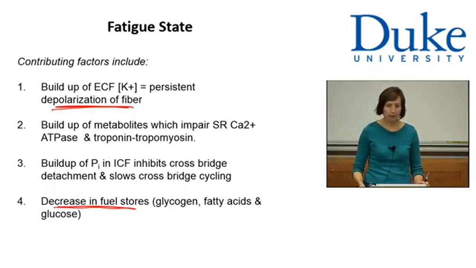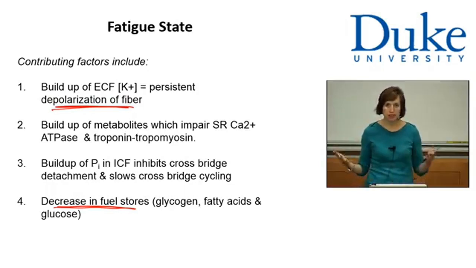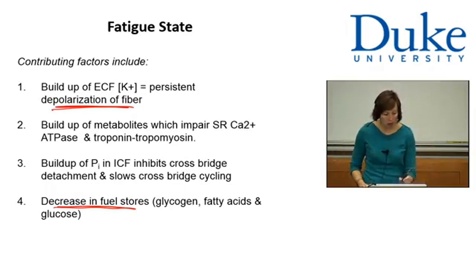We can also have a buildup of all sorts of metabolites, which are going to affect different proteins or enzymes that are important in the process of contraction. One of those will be the sarcoplasmic reticulum calcium ATPase, or troponin and tropomyosin.